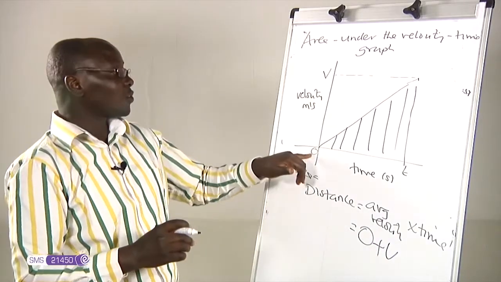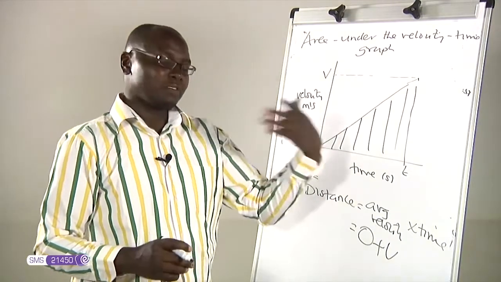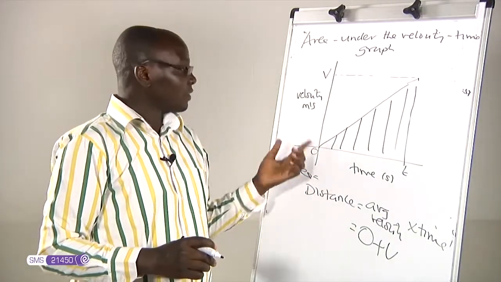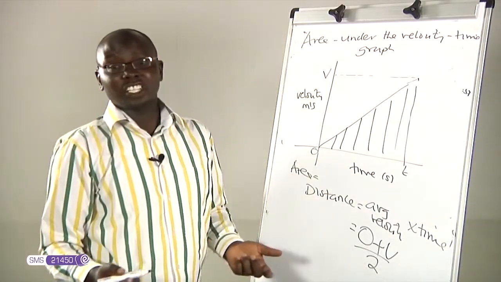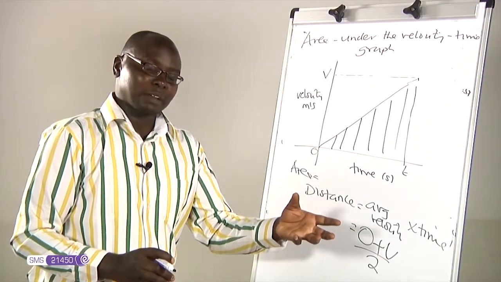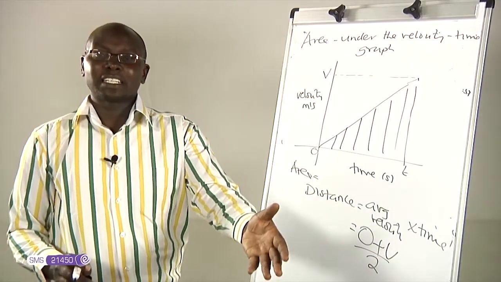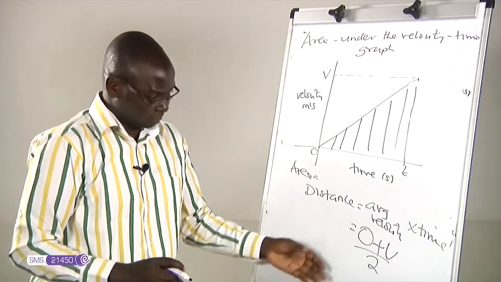This body starts from 0, and after time t, it acquires a velocity of v. We divide by 2 because we are doing the average. It's like when a boy in one test gets 40%, in the other gets 60%. The average of those two is 40 plus 60 divided by 2, which is 50.